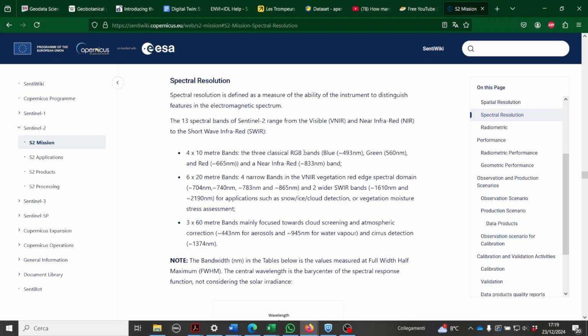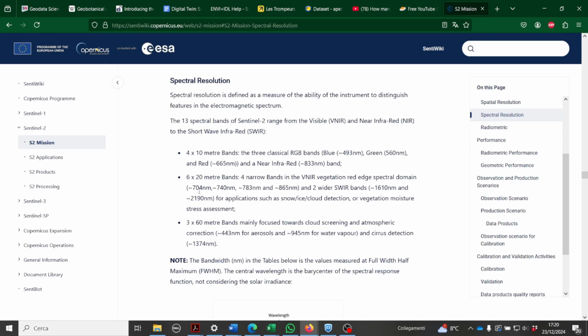0.83. Then we have 6 different bands at 20 meters that are narrower bands, and you can understand why. These are divided in the different parts of the electromagnetic spectrum. In particular, they are calibrated for the vegetation red edge spectral domains that you see.